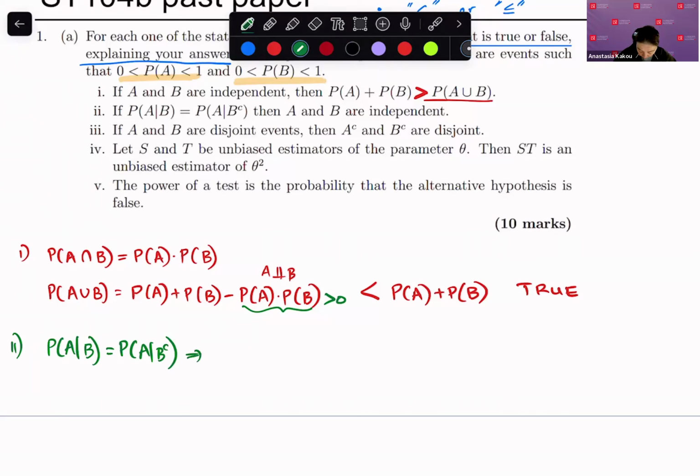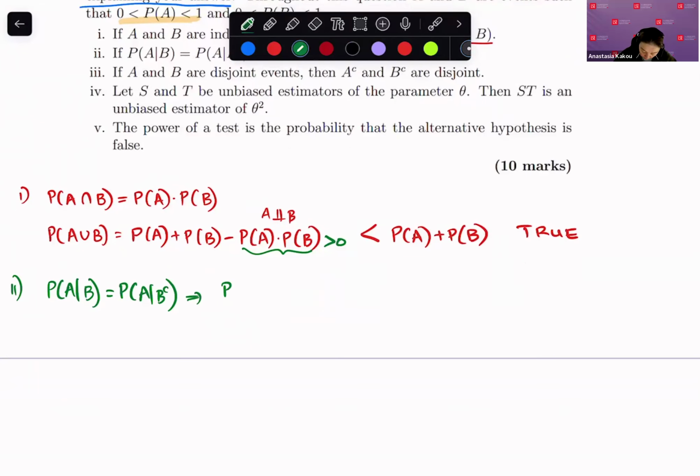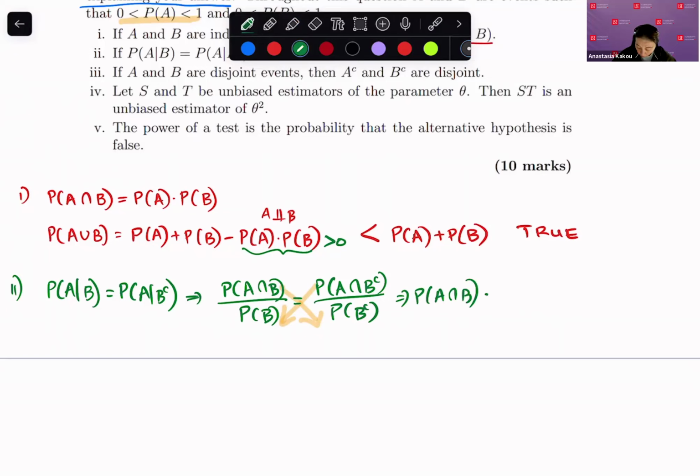Expanding the conditional probabilities gives the probability of A intersection B over the probability of B on one side, and the probability of A intersection B complement over the probability of B complement on the other side. Applying cross multiplication, we end up with the probability of A intersection B times, substituting B complement with 1 minus the probability of B. This is the one side.